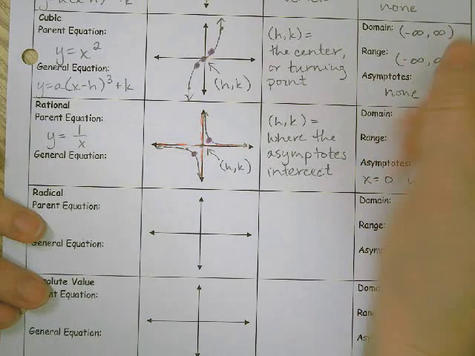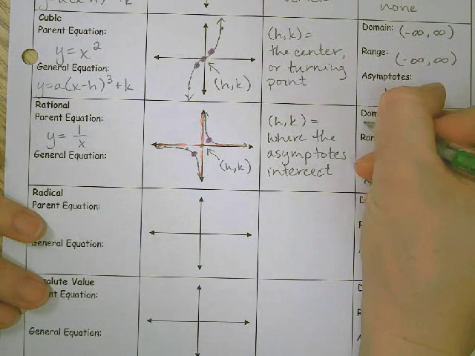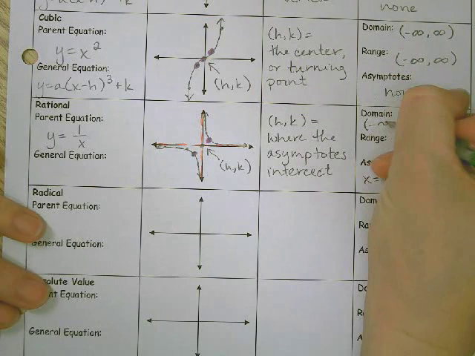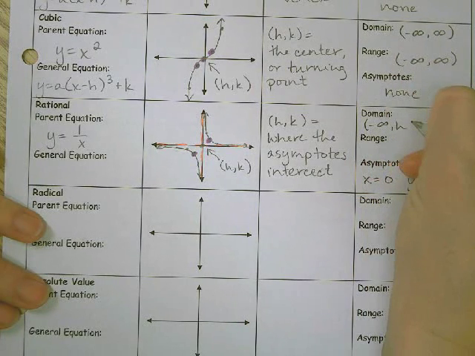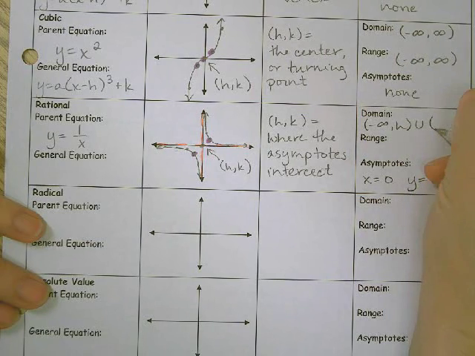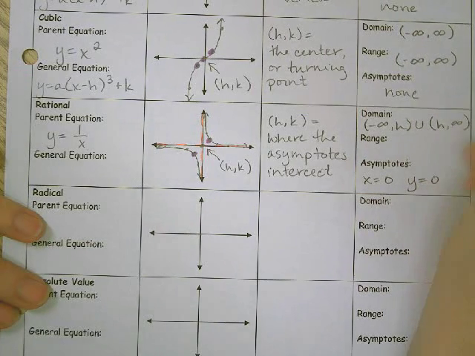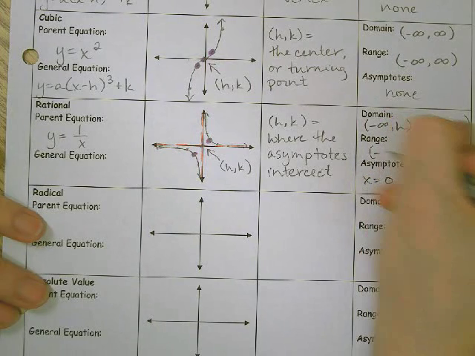My domain on this is going to be related to hk, so negative infinity up to what h is. In this case, it's 0, not including h, and then from h out to positive infinity. Down here, same thing, only it's going to be k.